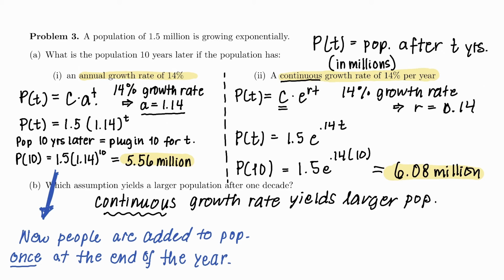But if you think about it, that doesn't really make sense because realistically, not everyone has the same birthday. Not everyone arrives on the earth at the last day of the year. So that's where the continuous growth rate comes in handy.